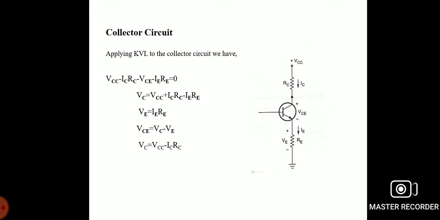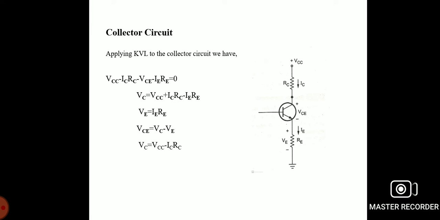So we can simplify that equation. The collector voltage is equal to VCC minus IC into RC. Here VE is the emitter voltage, which is nothing but the emitter current into the emitter resistance, IE into RE.